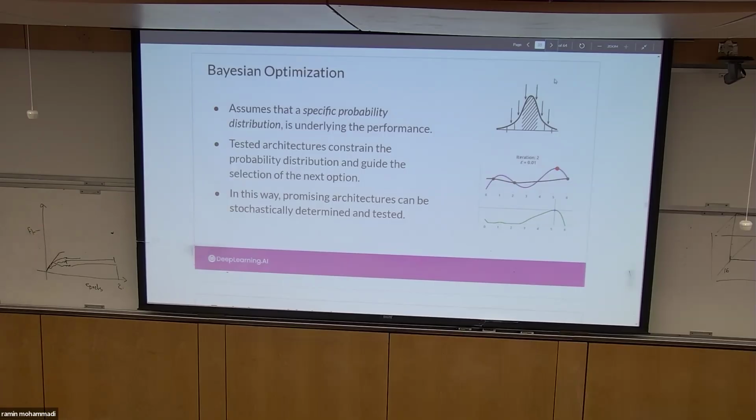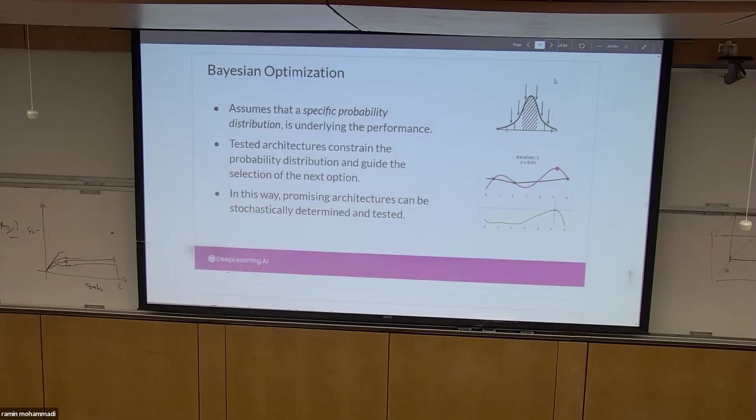There is this Gaussian curve that the model performance could come from, depending on whatever hyperparameter or architecture you select, and we can find that PDF.